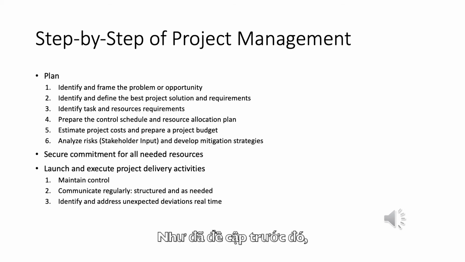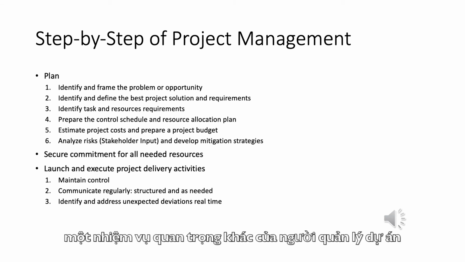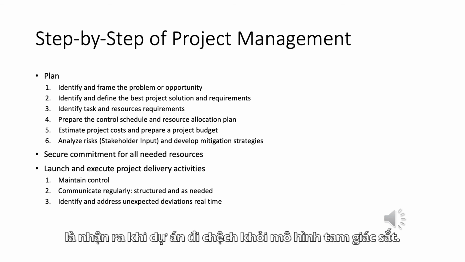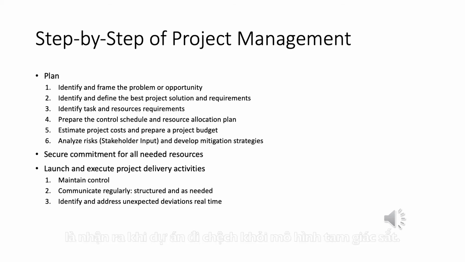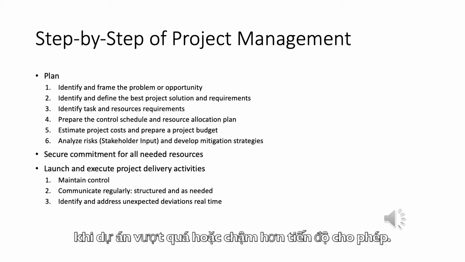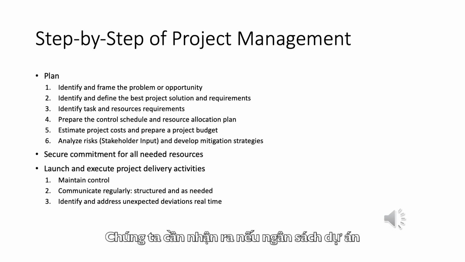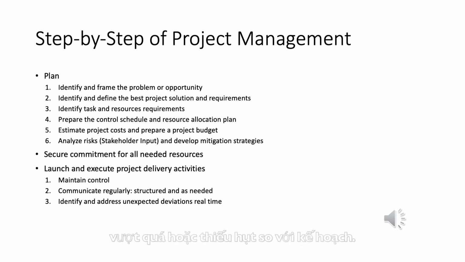As was touched on earlier, another key role for the project manager is to constantly be listening for deviations from the three elements of the iron triangle. We're looking for times when we're falling behind or ahead of schedule. We're looking for places where the budget is either ahead or behind of our schedule.